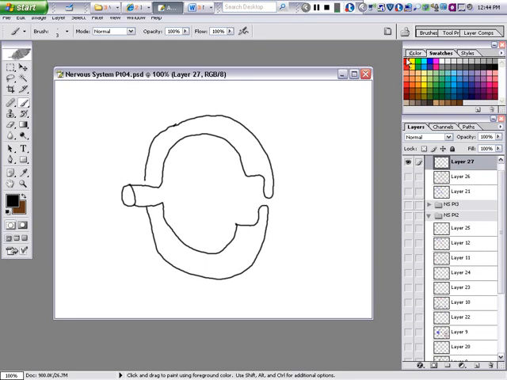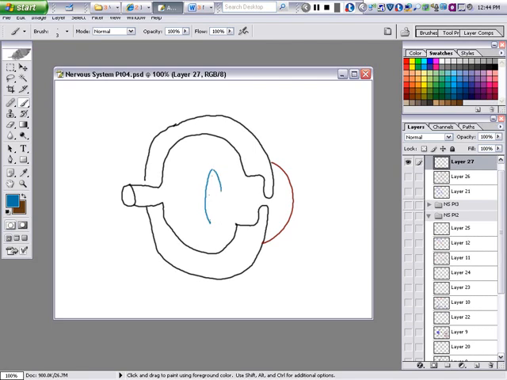Okay, there's the eye. This is the cornea of the eye here. And this is going to be the lens right here. This is the lens of the eye. I'm not going to make it so big because I need some space.